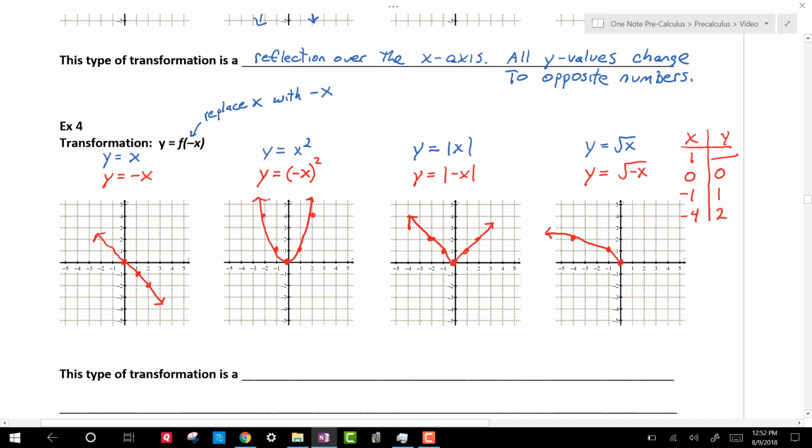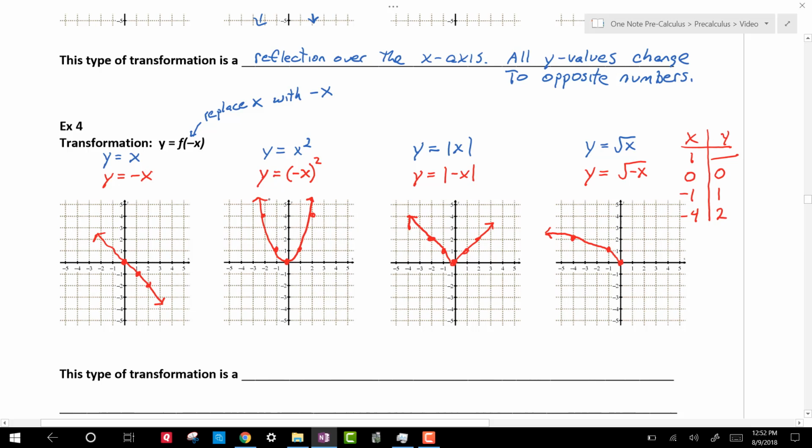But my linear equation didn't look the same and my square root function didn't look the same. So something has to be going on here. You can't say if I put a -x in, sometimes it affects the equation, sometimes it doesn't. Now, it doesn't affect the way the graph looks, but it does actually affect the equation, okay?